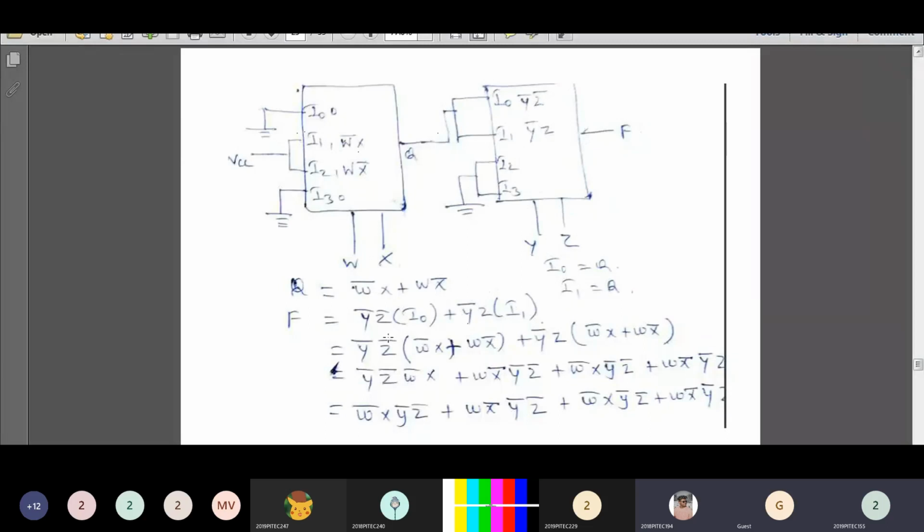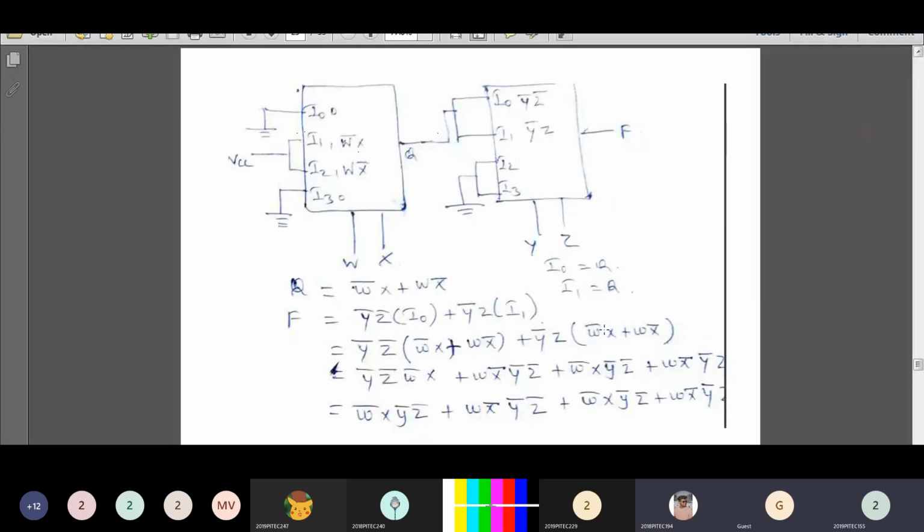Y dash z dash into I0. What is the value of I0? I0 is equal to Q, that is Q is equal to W dash X plus W X dash. Here you have to substitute W dash X plus W X dash, plus y dash z into I1. What is the I1 value here? It is also Q. What is the Q value? W dash X plus W X dash.